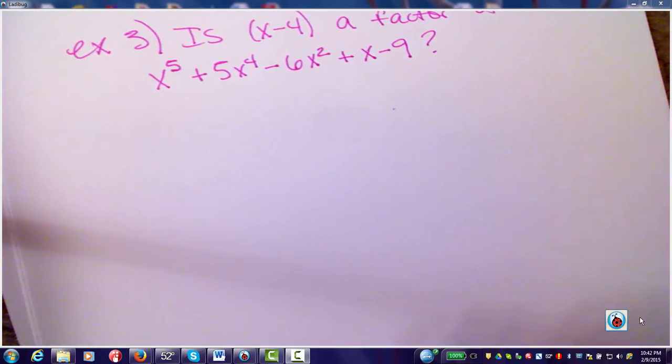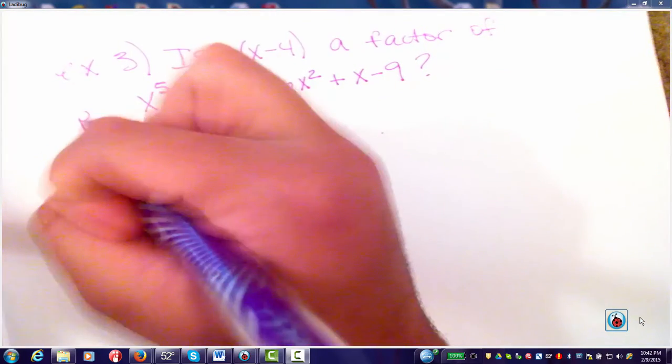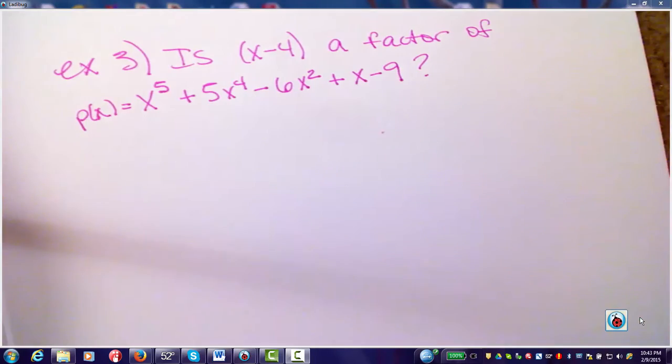So let's see if x minus 4 is a factor of this function.